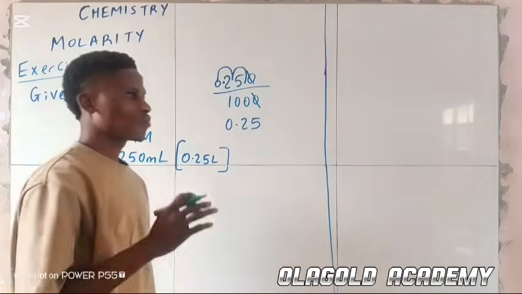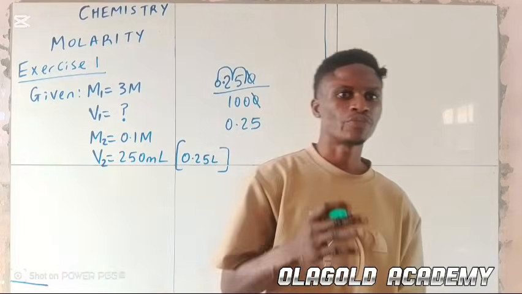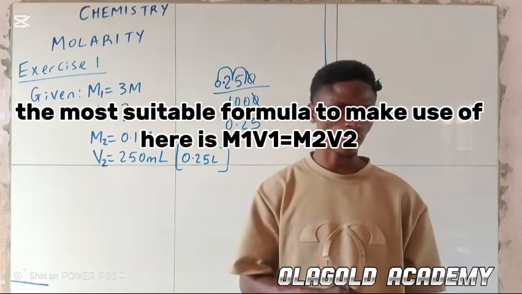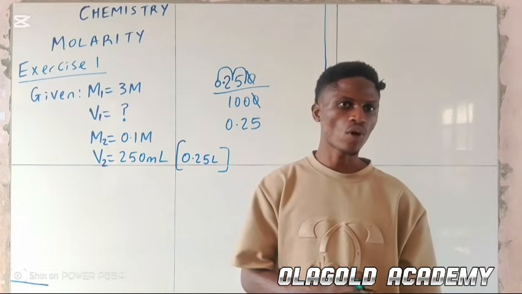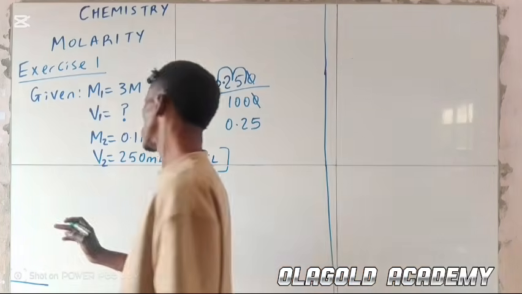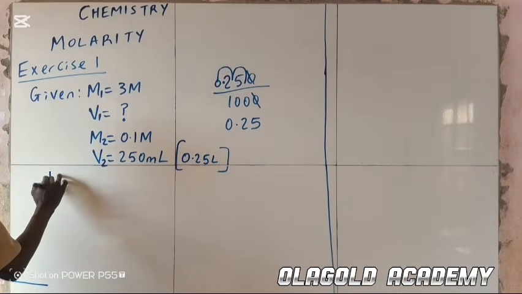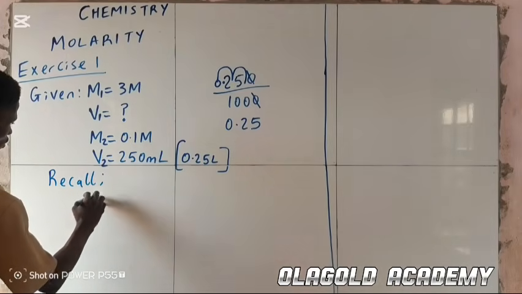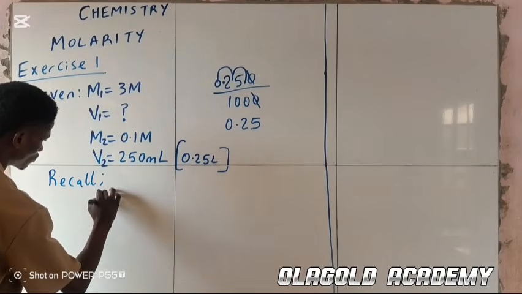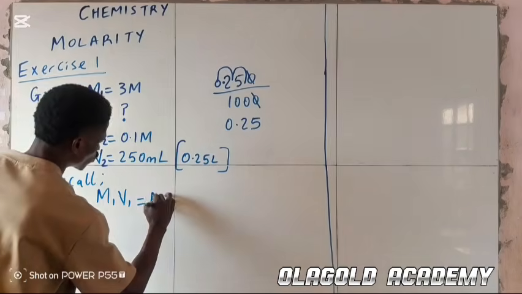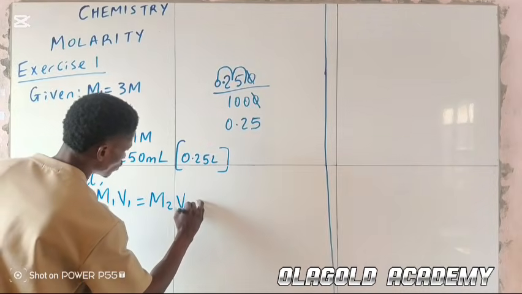From all the formulas that I've presented in this class, what formula is the best formula to make use of? It is M1 V1 equal to M2 V2. So recall that we have M1 V1 equal to M2 V2.